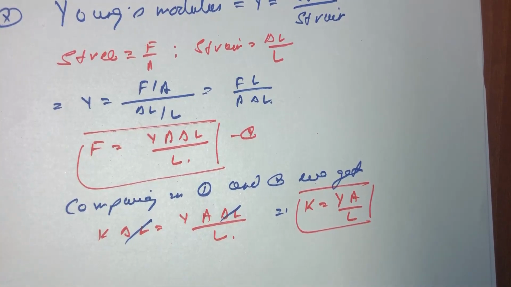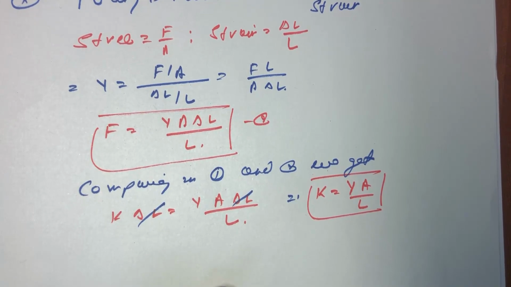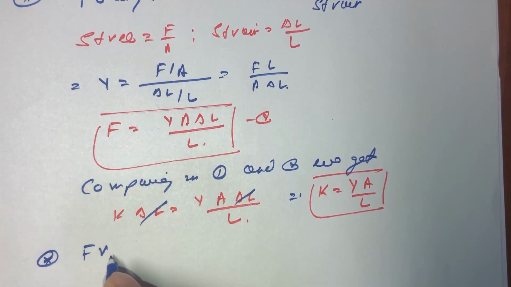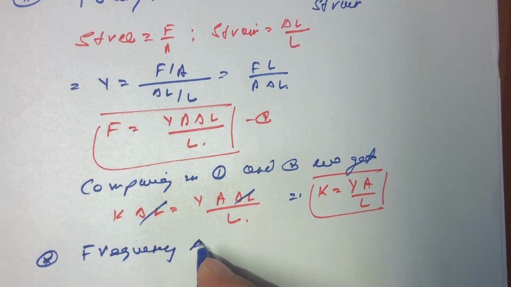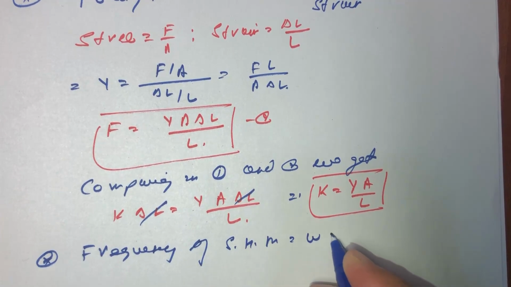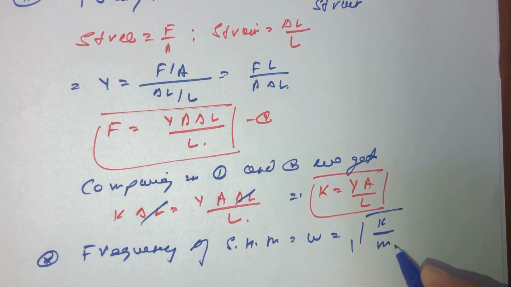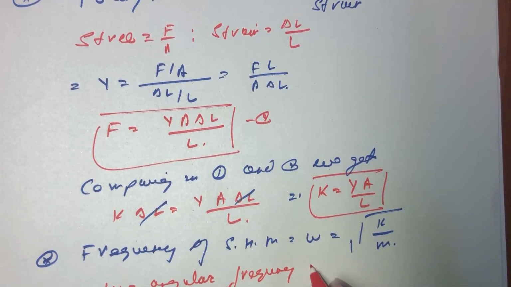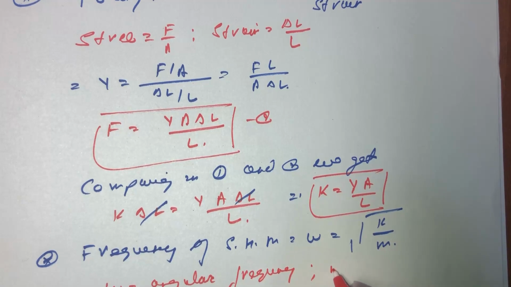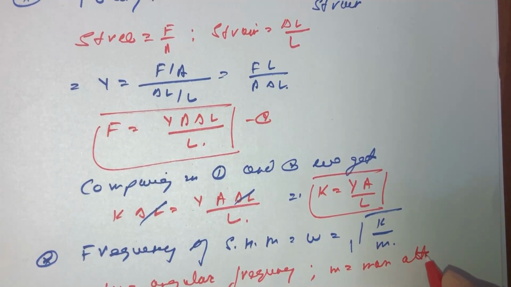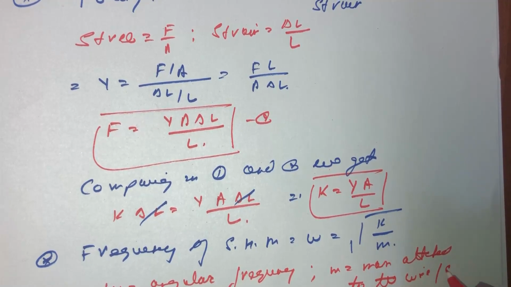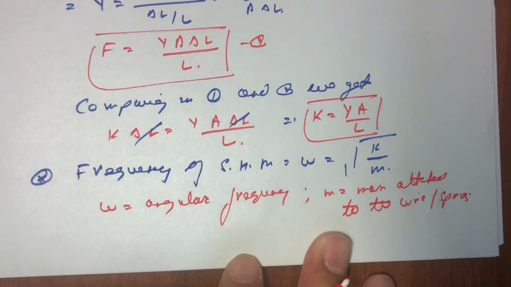The frequency for a SHM is given as omega, which is equal to the square root of K upon M, where omega is our angular frequency, M is the mass attached to the wire, or we can call this a spring also, and K is our spring constant.